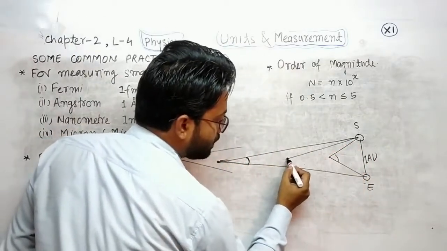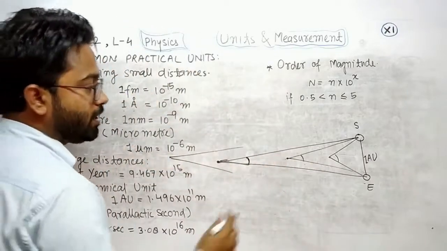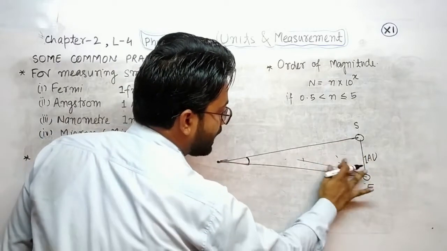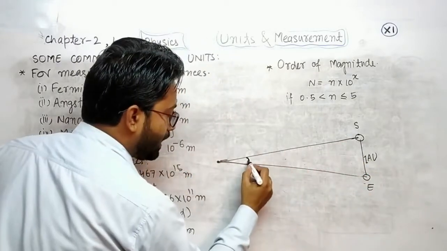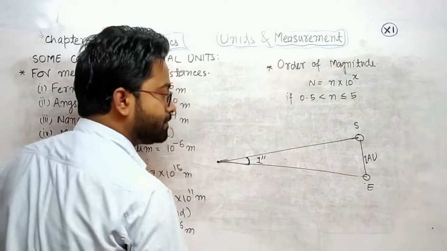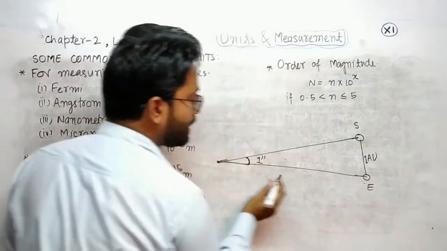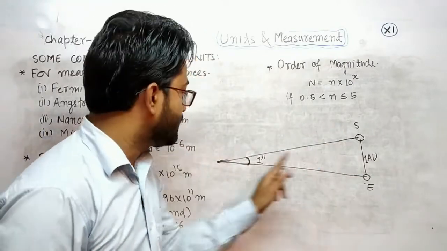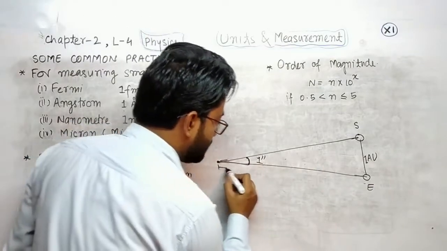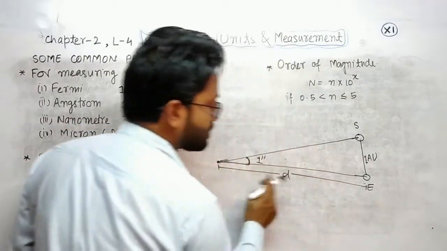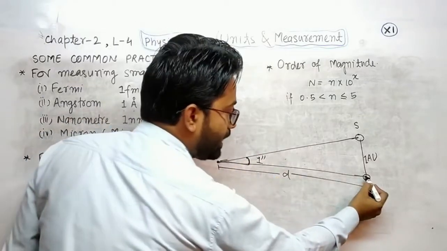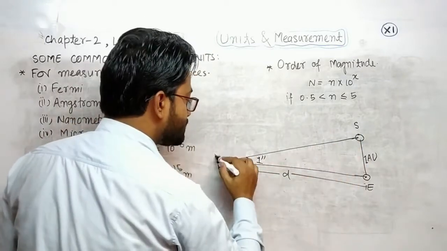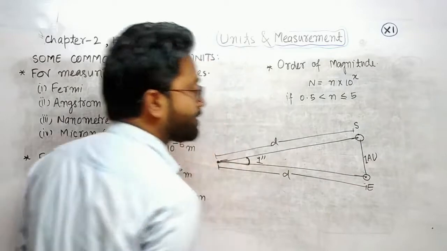If that particular point makes an angle of 1 second, the angle subtended by that point on the Sun and Earth, then the distance between the point and the Earth or the Sun is called 1 parsec.